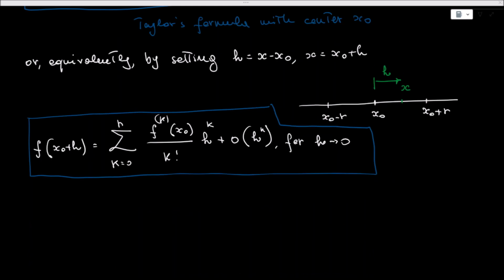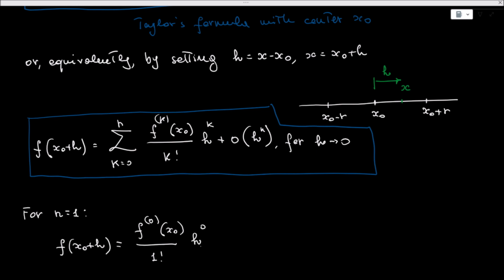It is worth noticing that if we put n equal 1, the previous formula gives f of x0 plus h equal to, well, we have only two terms in the sum. We have the term for k equals 0, which will be f of order 0 evaluated at x0 divided by 0 factorial, h to the 0.